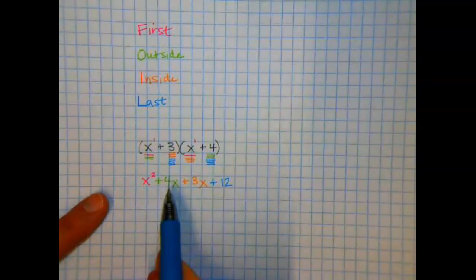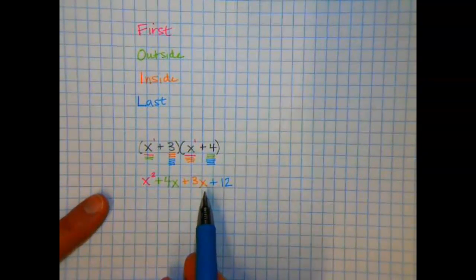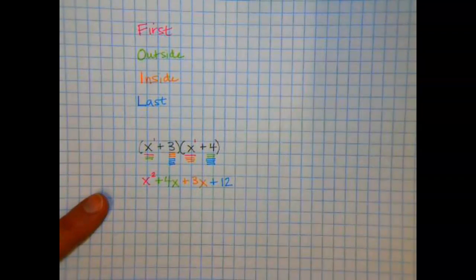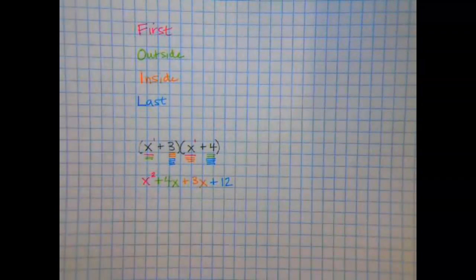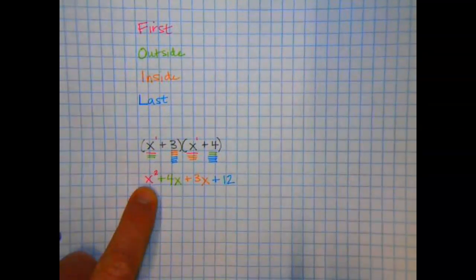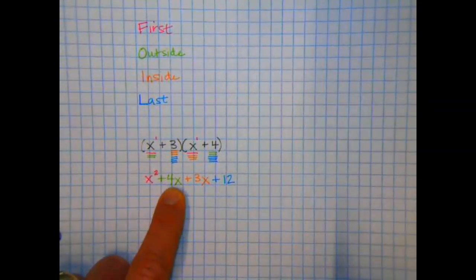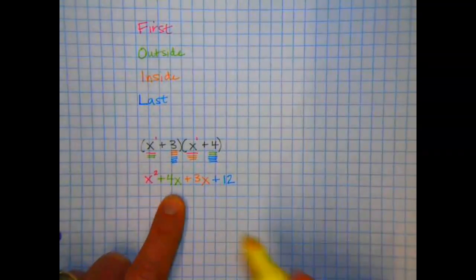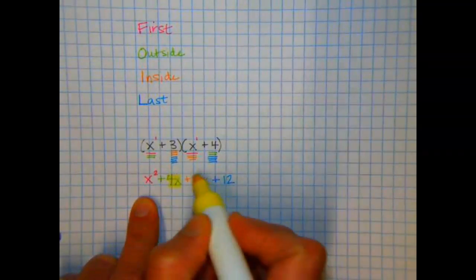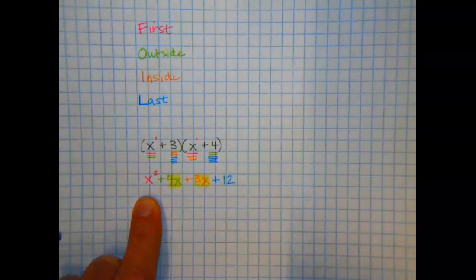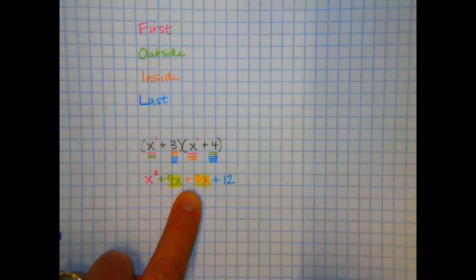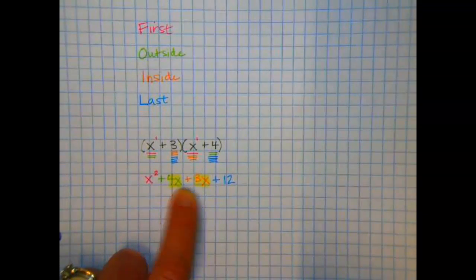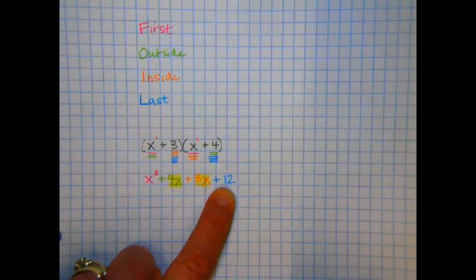Now we've done all the multiplication, and now we need to see what combining of like terms we need to do. Looking at the x squared, there's no other x squared listed here. The 12 doesn't have anything like it either.